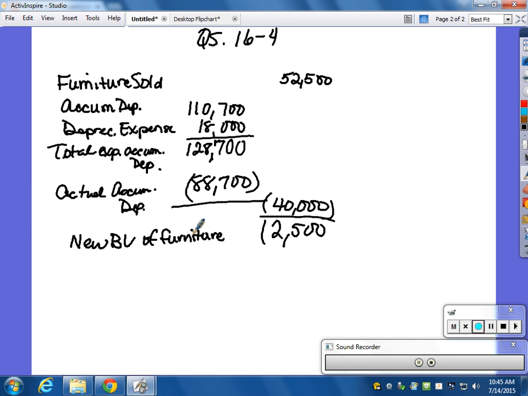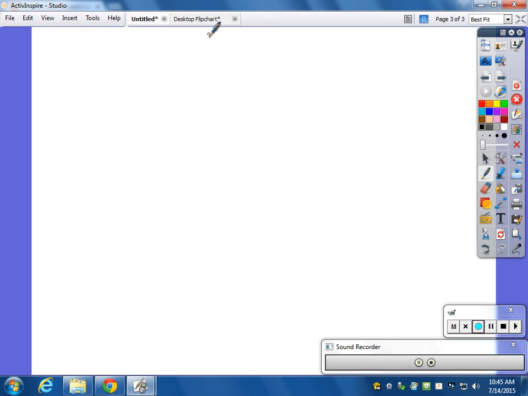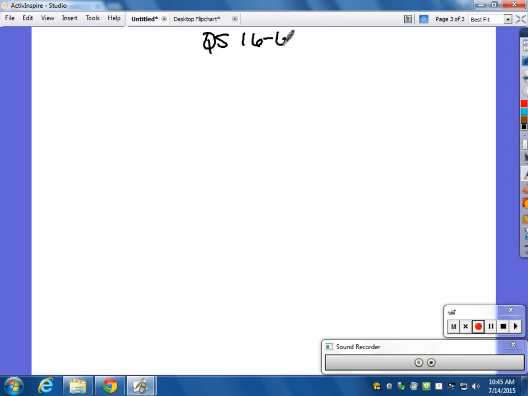If we're using the indirect method, we start off with what? Net income. And how much was net income? And what were the adjustments?